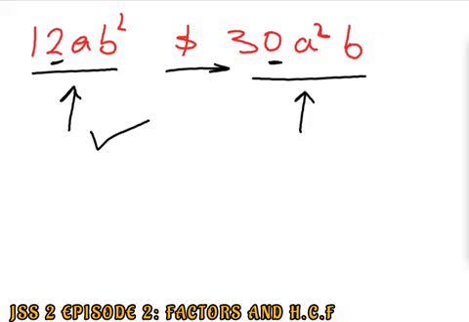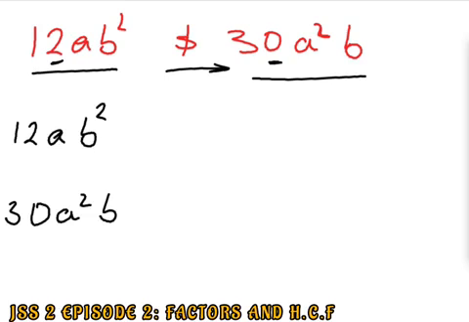Did you understand that? Even if you have not, this is what I mean. We have written out the two numbers. Now we will find their factors. What are the factors of 12ab squared? They are the numbers that we can multiply together to give us 12ab squared. Starting from 1, we have 1 times 2 times 2 times 3, which gives 12. If you know the factors of 12, you can just put them, and you'll be correct.